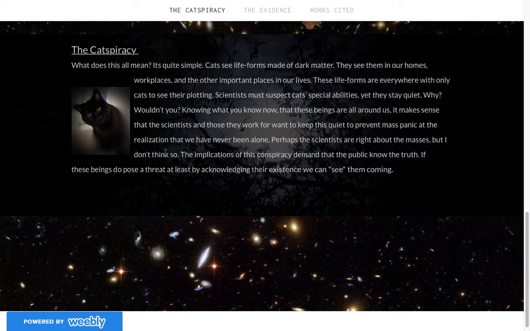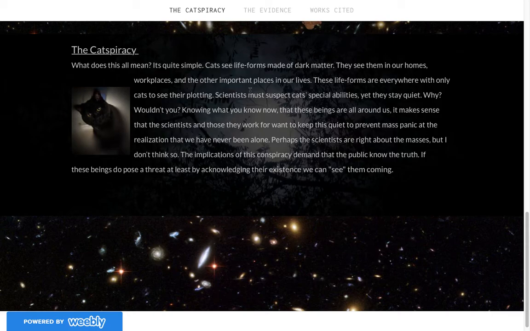Okay, so the catspiracy. This one's kind of funny. It's got two problems with it. One of the biggest problems is that this whole section is one slippery slope, which is the logical fallacy of things over-escalating. One thing leads to the next, and so it must lead to the next, and it just keeps getting worse and worse. And we see that here: there are beings made of dark matter, our cats see them, they're in our home, scientists know about them, but they're not telling us.